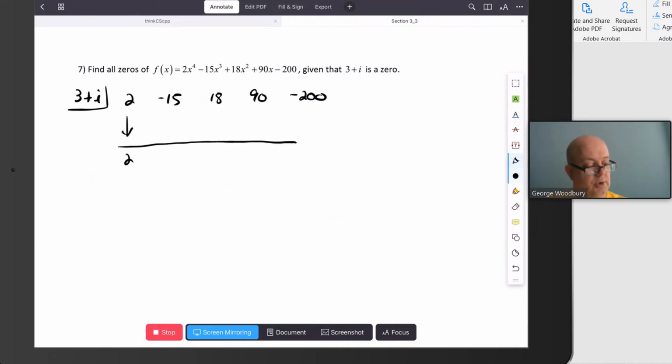Bring down the 2. 2 times 3 plus i is 6 plus 2i. Combine the real parts: negative 15 plus 6 is negative 9. Bring down the 2i.